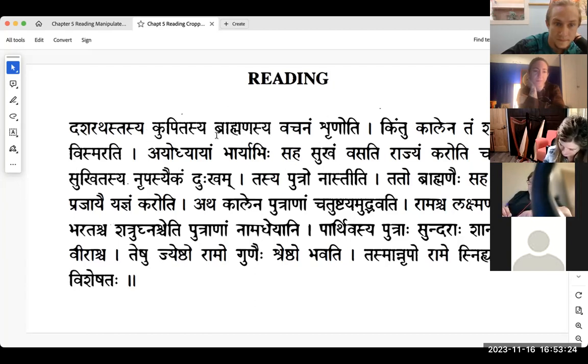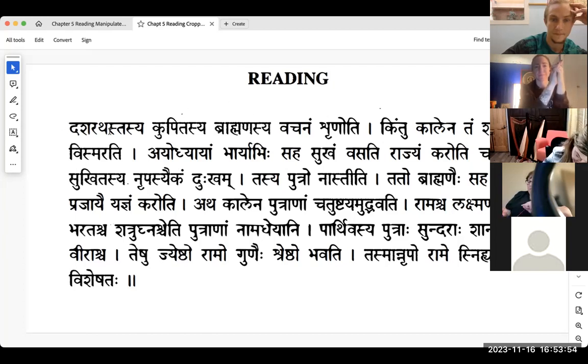And then kupitasya, angry, also in the genitive. So you're going to put the genitive together. The king hears the speech of the Brahmin who is angry. Don't mess this up and say the king hears the angry speech, because it's not the angry speech. It's speech of the Brahmin who is angry.